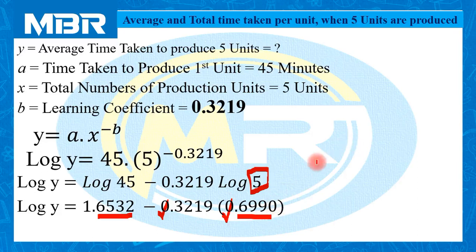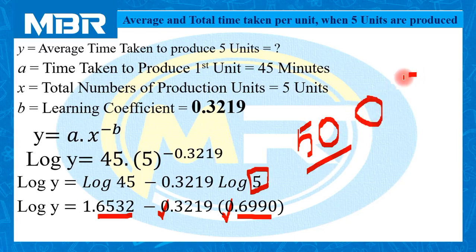6990. So you can say that the value of 5 is referred to as 50 for the logarithmic table, and in a logarithmic table we need to check the value of the first two digits, then the third and fourth.